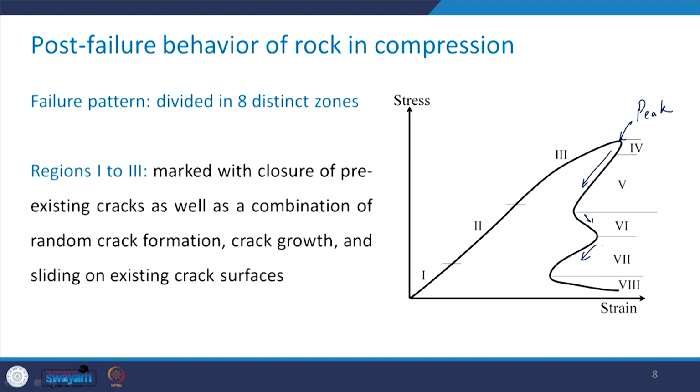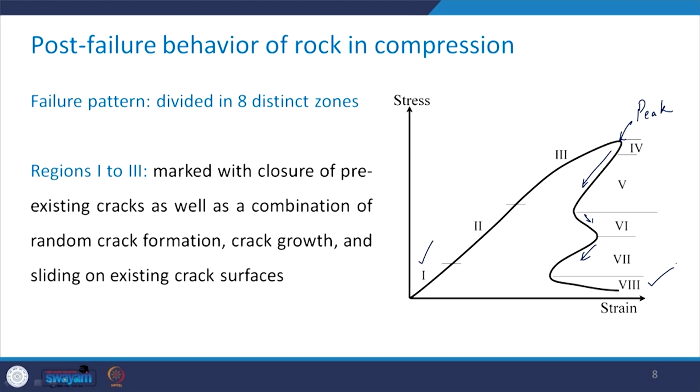So, this failure pattern can be divided into 8 distinct zones, as I have shown here. You can see that it is varying from zone 1 to zone 8. Now, the question is, what does each of these zones signify?